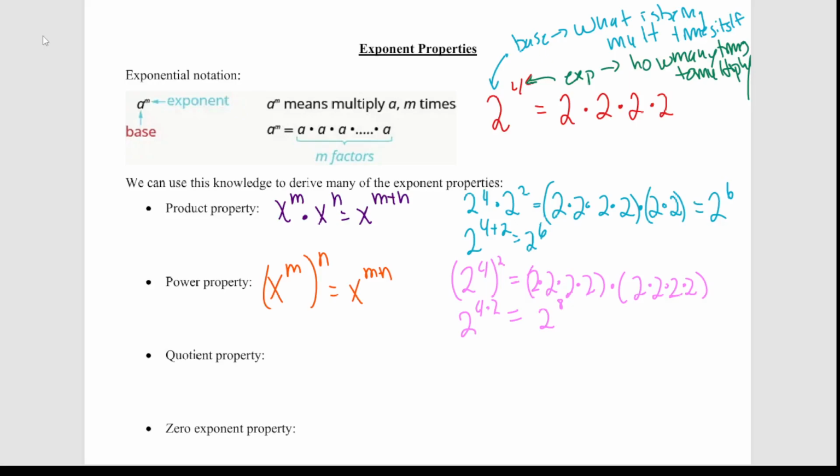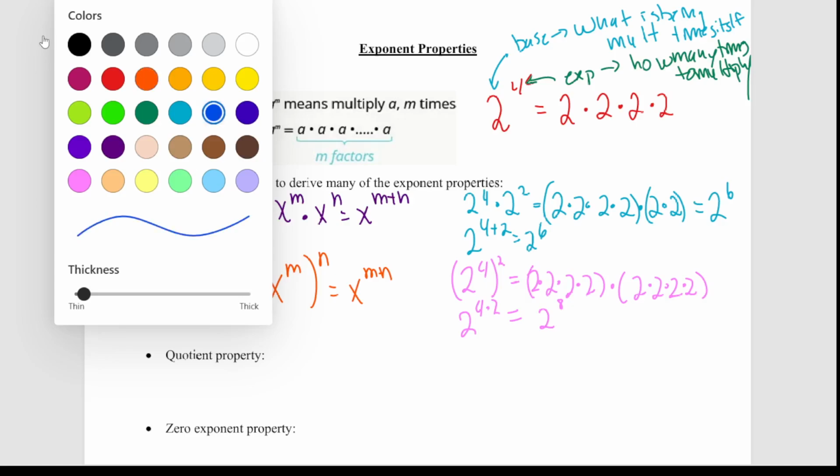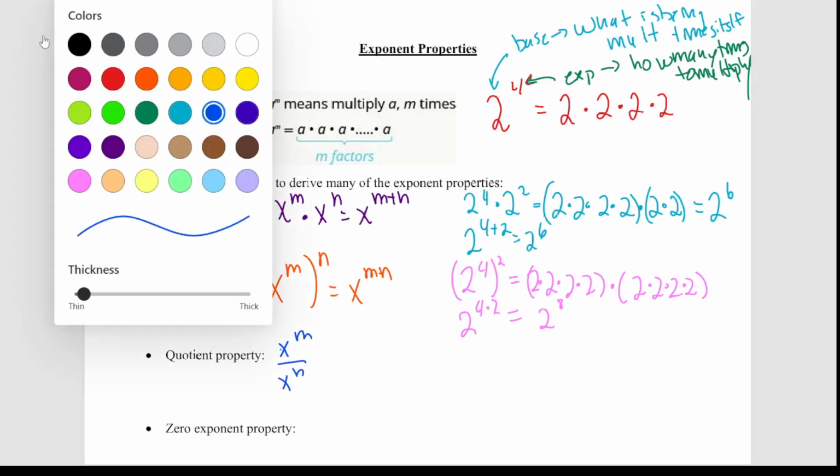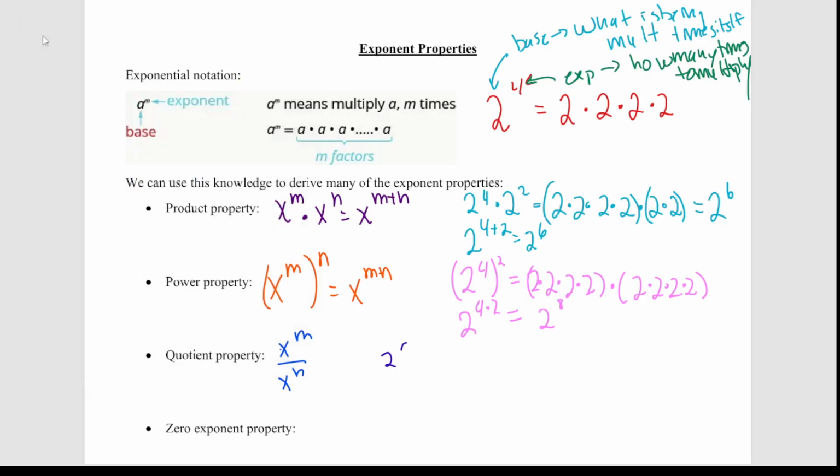For the quotient property, quotient meaning division, that's getting at the idea of, well, what if I have x to the m divided by x to the n? Well, we can rederive that with something like, what if I have 2 to the 5th divided by 2 to the 3rd?